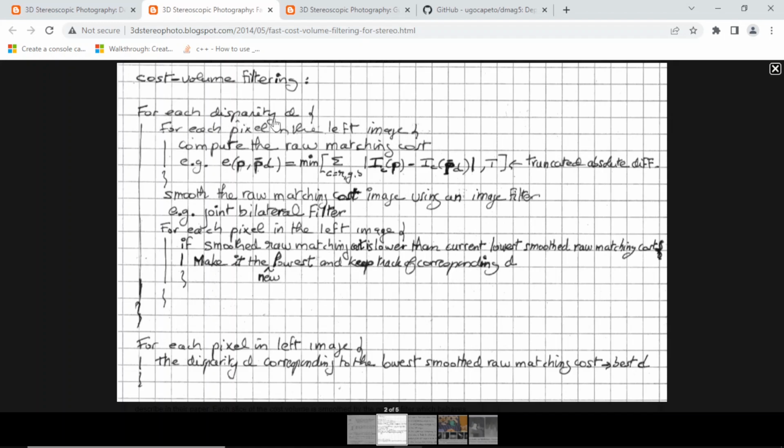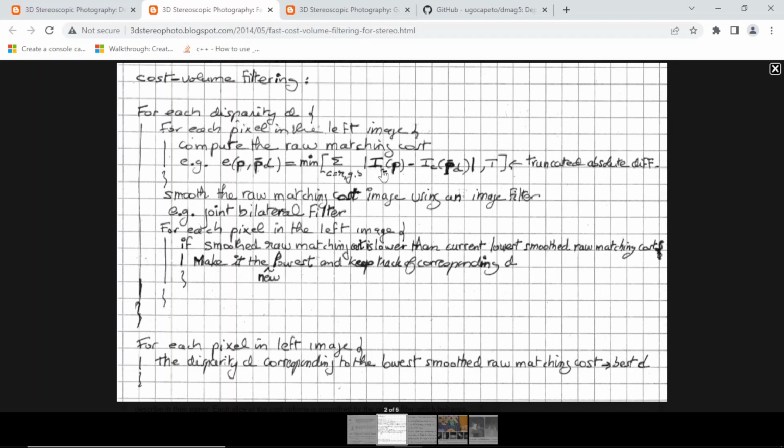For each disparity D and for each pixel in the left image, you compute the raw matching cost. It's called raw because you only look at the pixel itself and the corresponding pixel on the right image, the one that's shifted by the disparity D. Here, P is a pixel on the left image, and P bar D is the corresponding pixel on the right image, shifted by the disparity D. I'm looking at an RGB image, so you have a sum over the 3 channels.